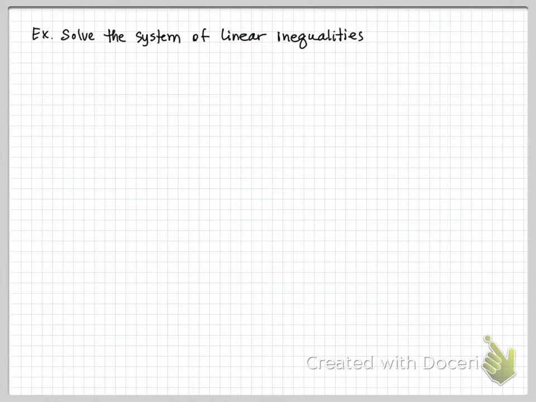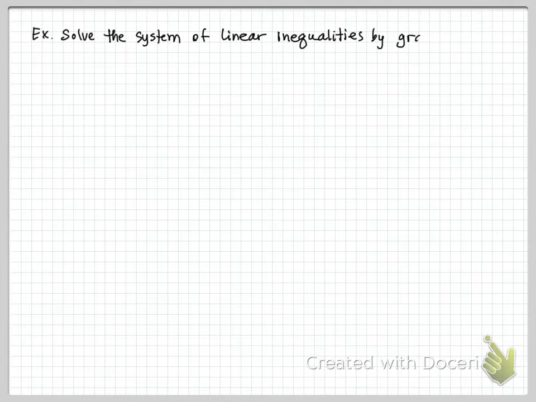So our first problem, the directions are going to say, solve the system of linear inequalities by graphing.